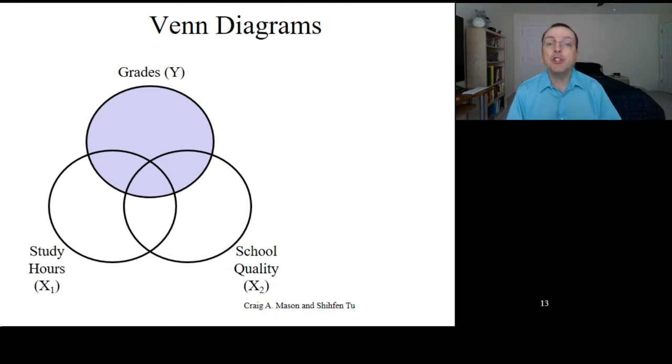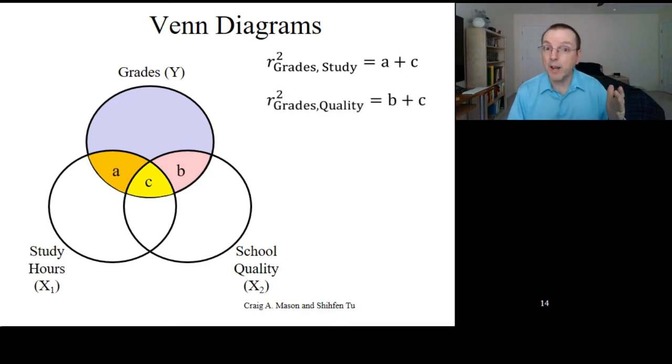For example, the shared variance between study hours and grades is here, reflected in the areas labeled A and C. This area is equal to the squared correlation between study hours and grades. Similarly, the variance between school quality and grades is here, reflected in the areas labeled B and C. This area is equal to the squared correlation between school quality and grades.